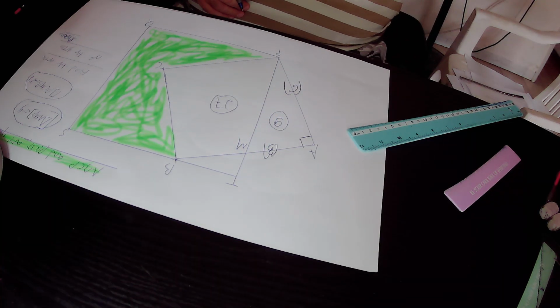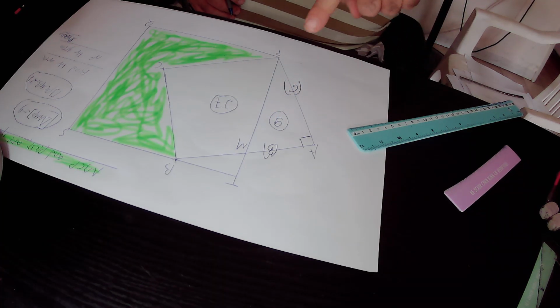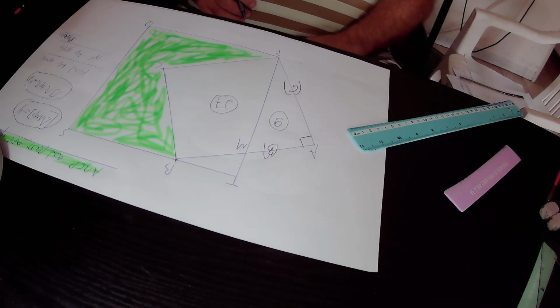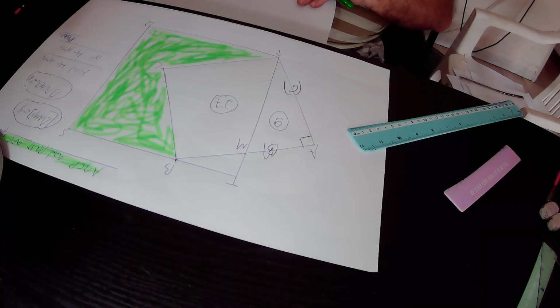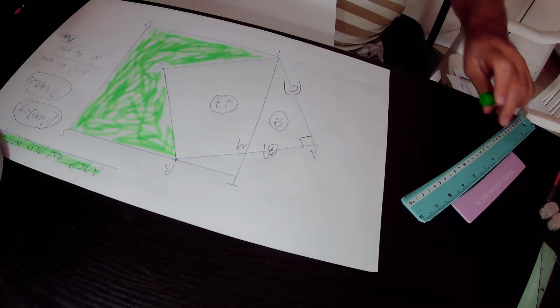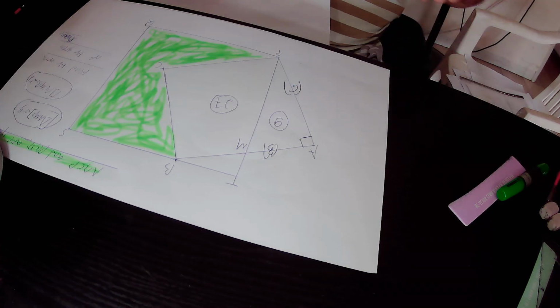In the next step, we will apply the Pythagorean theorem on this right triangle AMP in order to find the length of the hypotenuse MP. According to the Pythagorean theorem, in any right triangle, the square of the hypotenuse equals the sum of the squares of the perpendicular sides. So I copy the right triangle AMP onto a new page and we will apply the Pythagorean theorem on it.